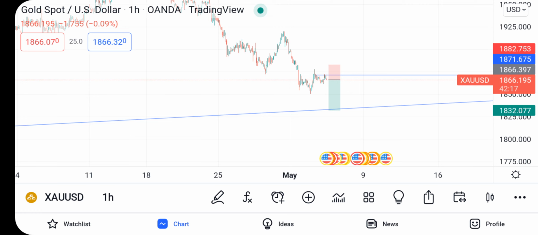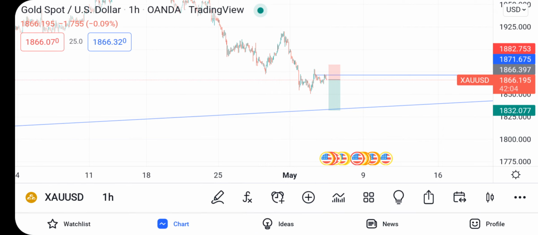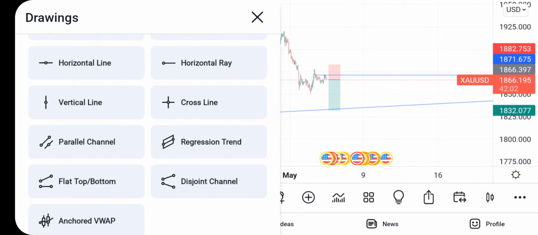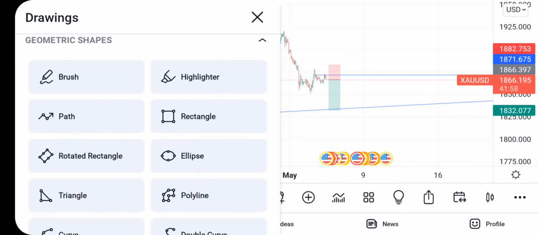If it goes furthermore, I'll wait for the correction and scale in again. What the scale I'm talking about is something like, let me show you, guys.